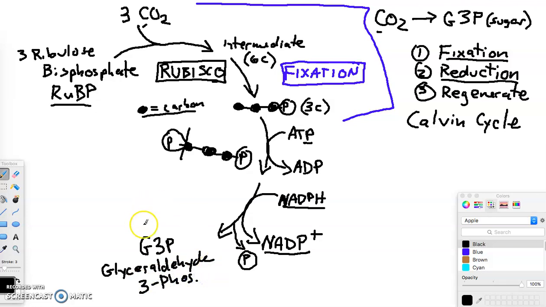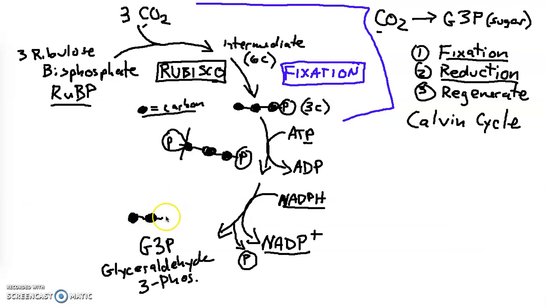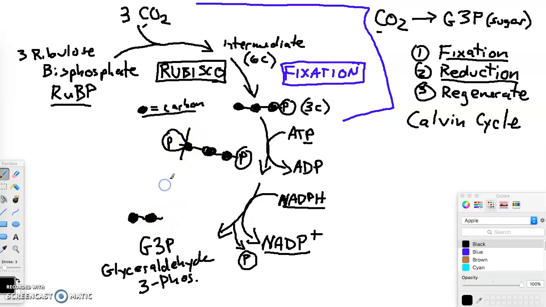I'll abbreviate it. And that is a 3-carbon molecule, just like it was before. It's a little bit different, but in this particular case, we'll just draw what we see. We'll draw this image, but we've lost that phosphate group, so that's what it looks like.